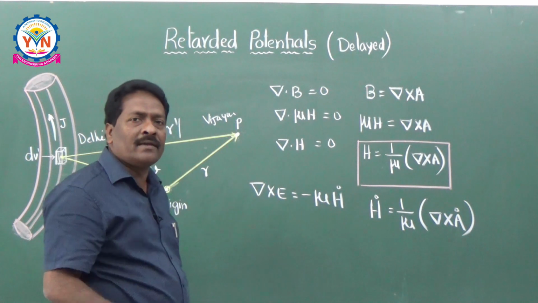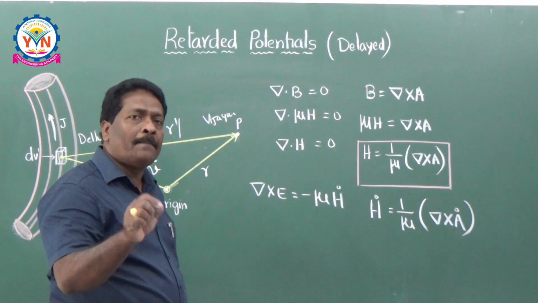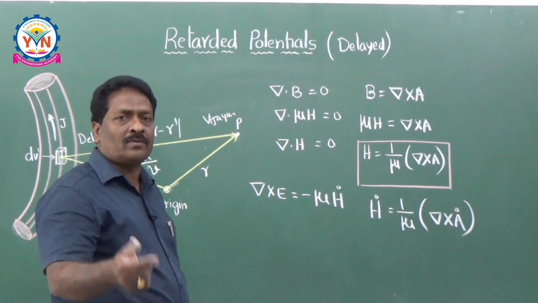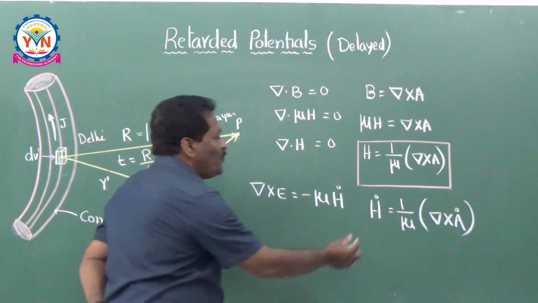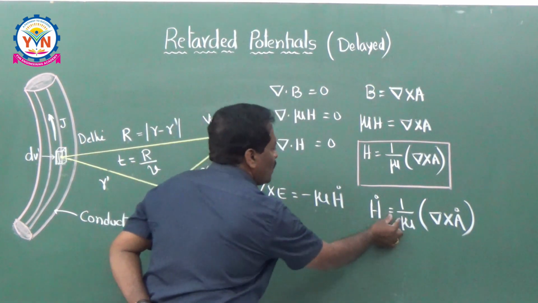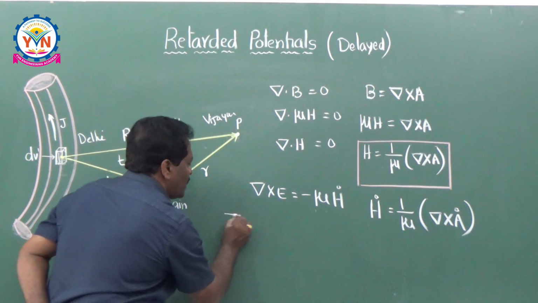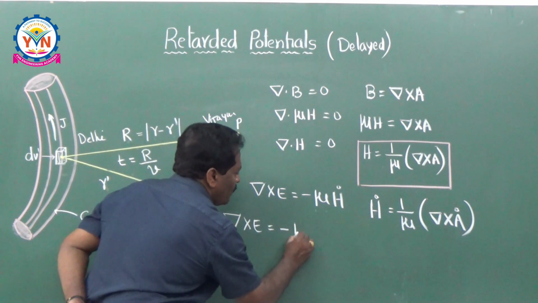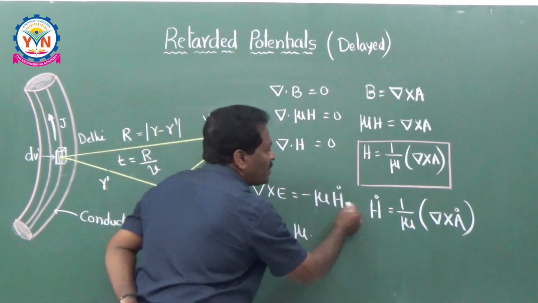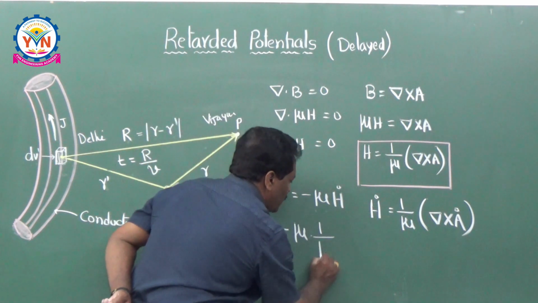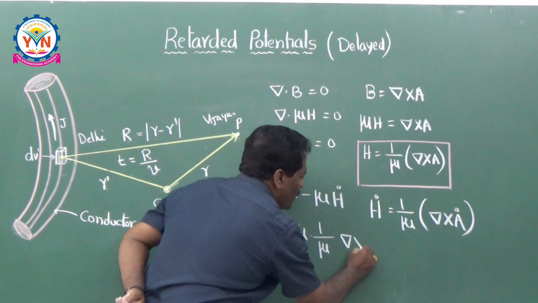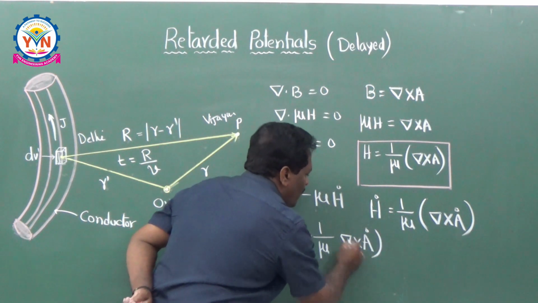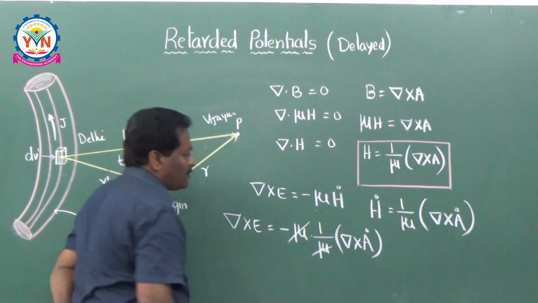And remember friends, dot indicates the partial differentiation with respect to time. So if you substitute here, you get del cross E is equal to minus mu into 1 by mu into del cross of A dot. And mu and mu will cancel.